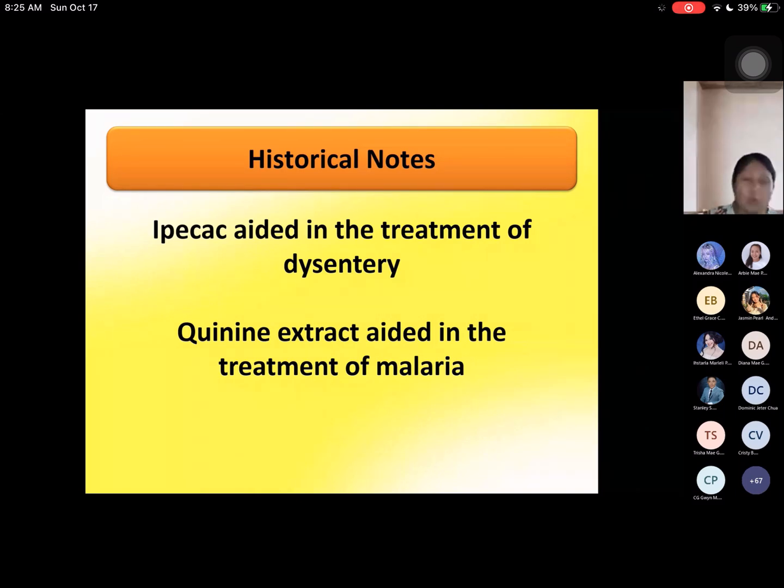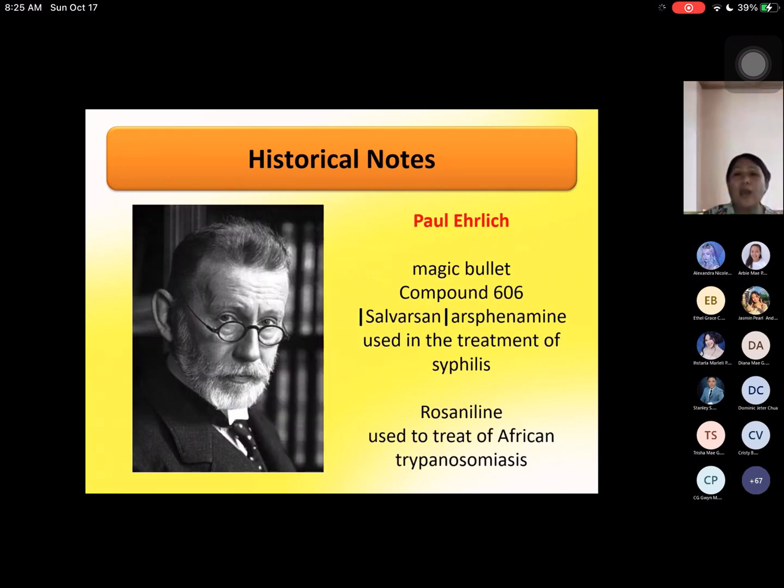Native witch doctors in Central and South America discovered ipecac, and they also discovered quinine extract from cinchona bark, a plant, which aided in the treatment of malaria, caused by mosquitoes. Then we have Paul Ehrlich, who was the first to coin the word antibiotic.